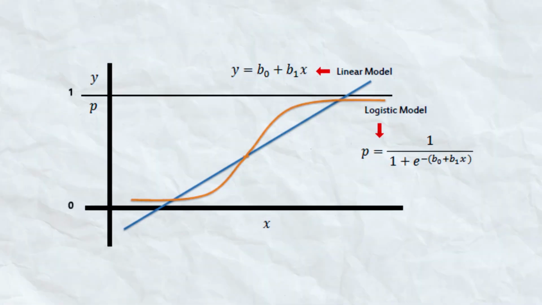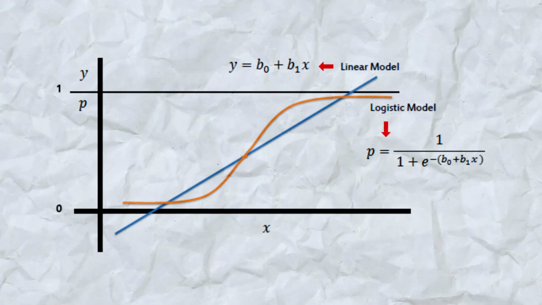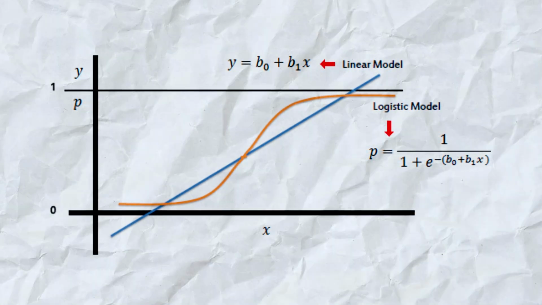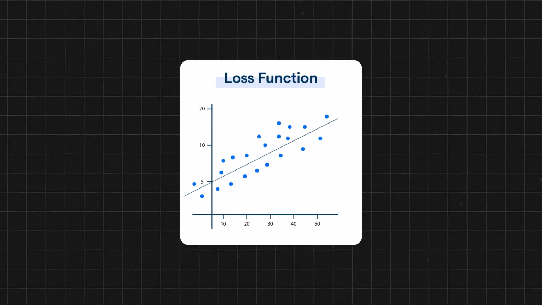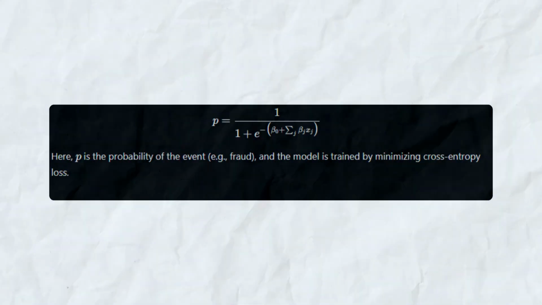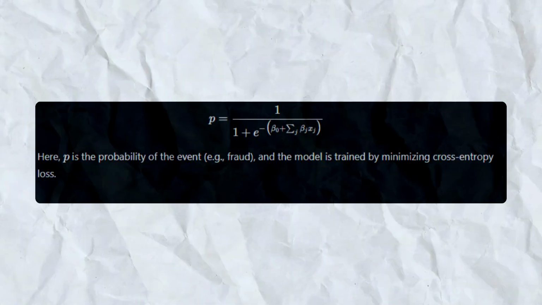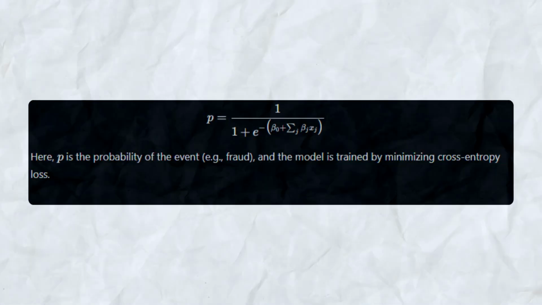The model is trained by adjusting its parameters to minimize the difference between the predicted probabilities and the actual binary labels, typically using a loss function called cross-entropy or log loss. Here, P is the probability of the event, e.g. fraud, and the model is trained by minimizing cross-entropy loss.